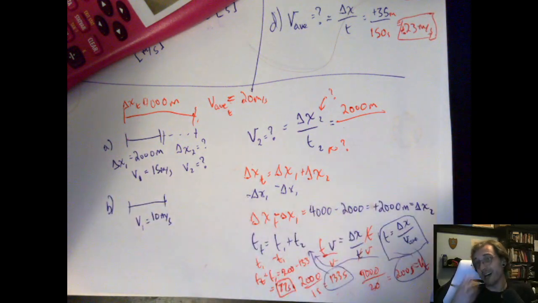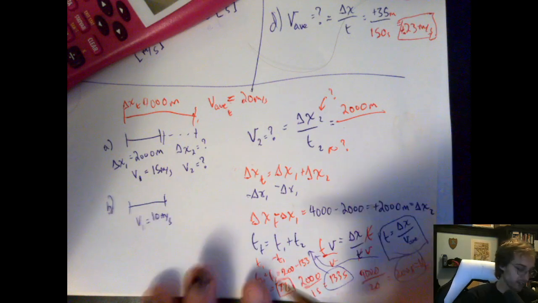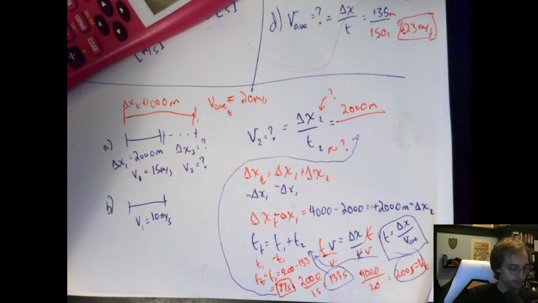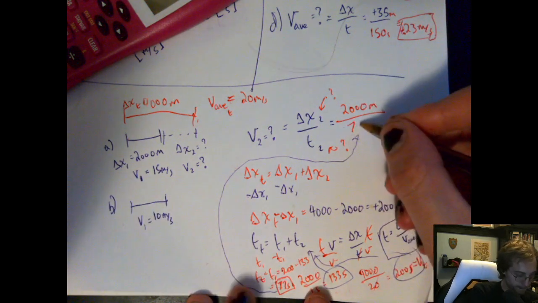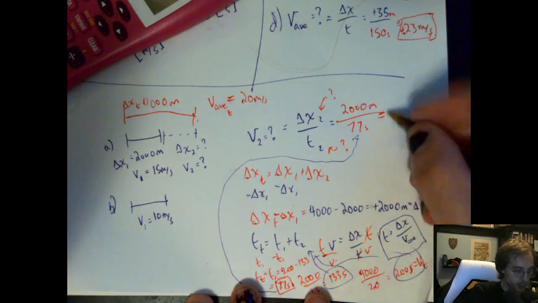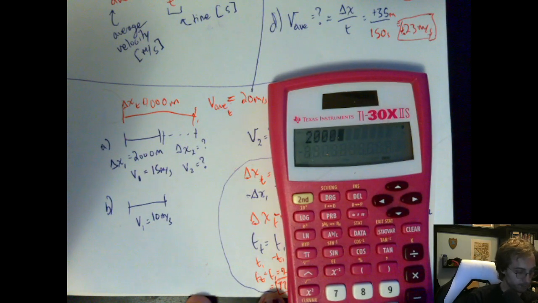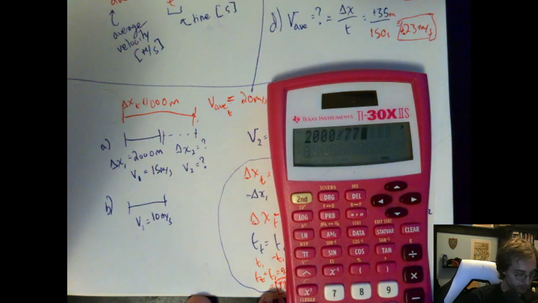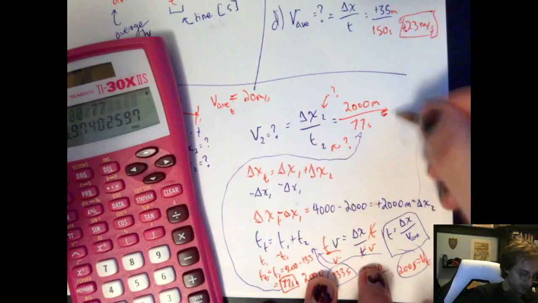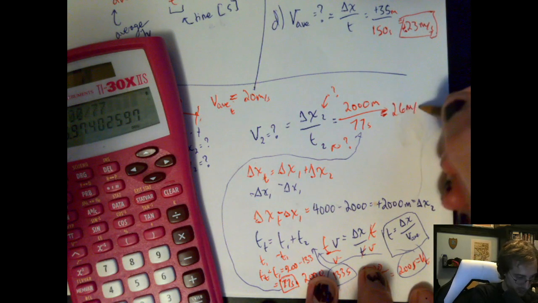So I know that my time is 77 seconds for this. And I can take it and bring it up here. And so that'll give us 2,000 over 77, which is 26 meters per second.